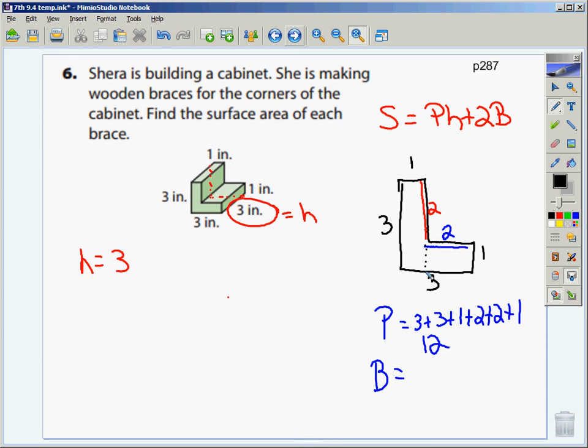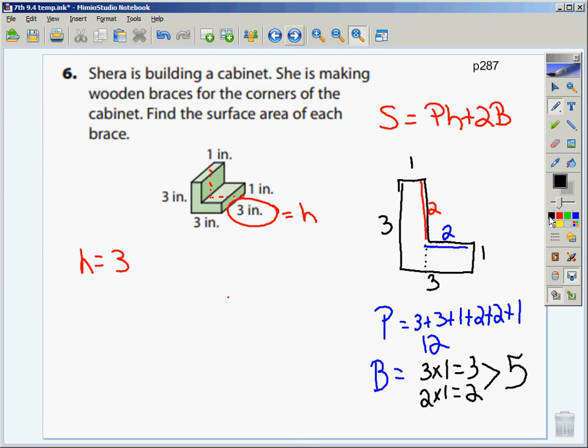The rectangle that's on the left, how big is it? 3 times 1, which is 3. The rectangle that's to the right, how big is it? 2 by 1, which is 2. So the total base area is 5.